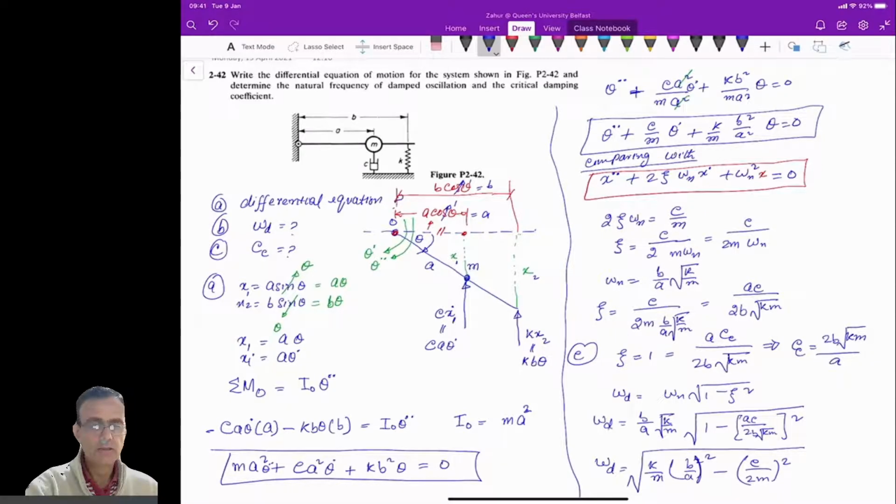This is the value of omega d, which is your part B here.